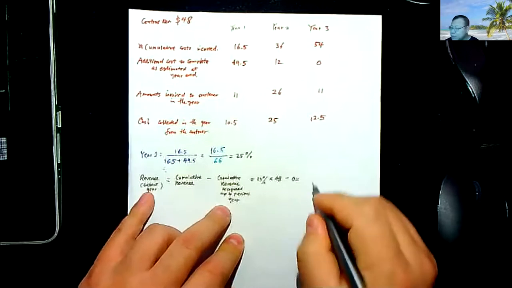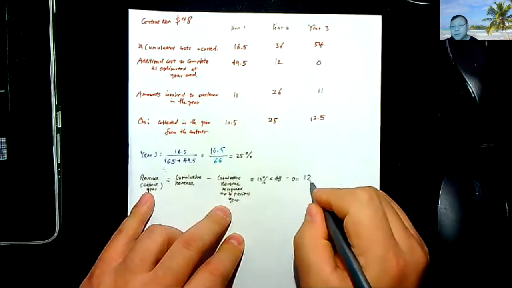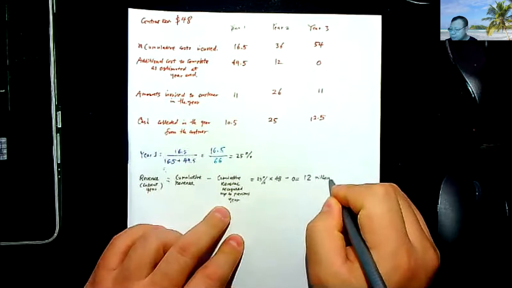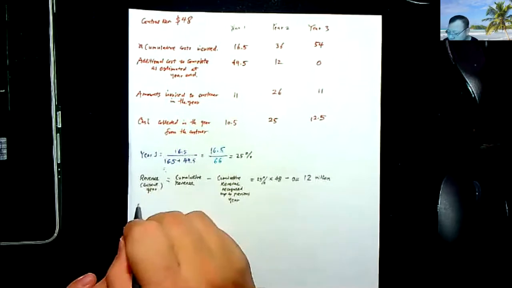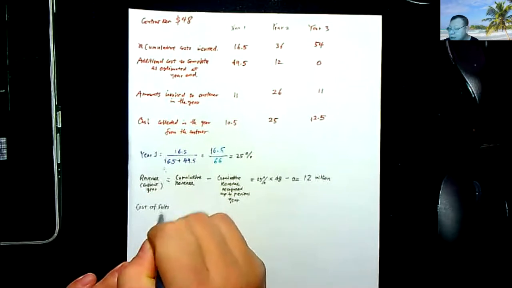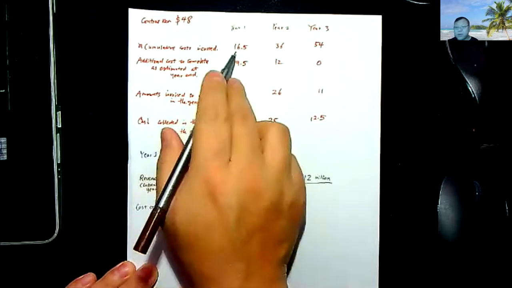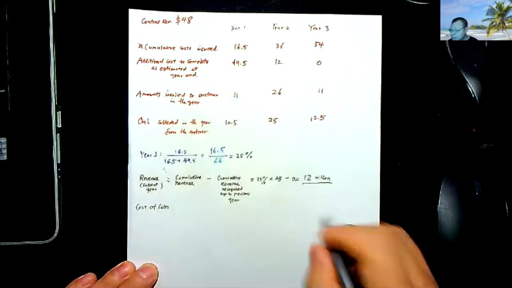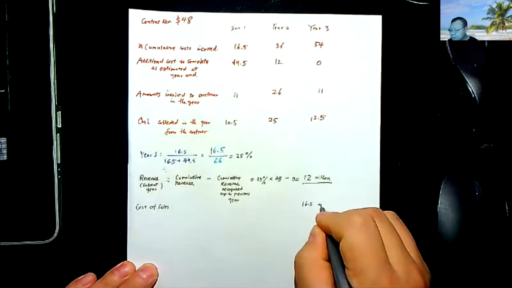So the revenue we should recognize in the first year is just 12 million. And the cost of sales equals the actual cost, which is 16.5 million.